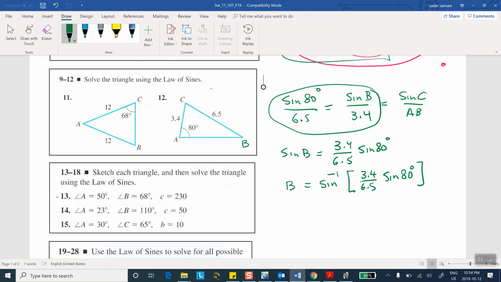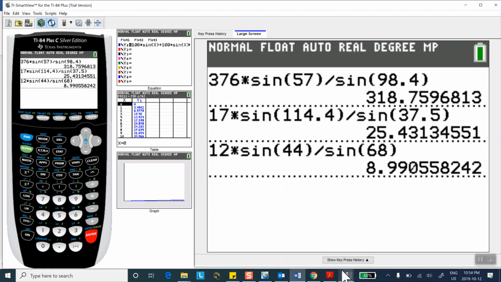Let's type this into our calculator, and make sure we don't make a mistake here.